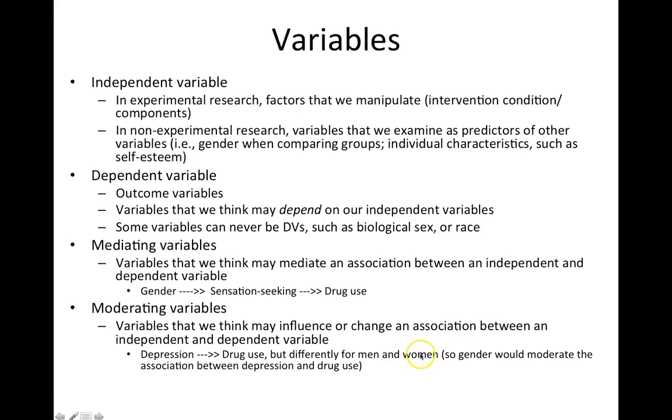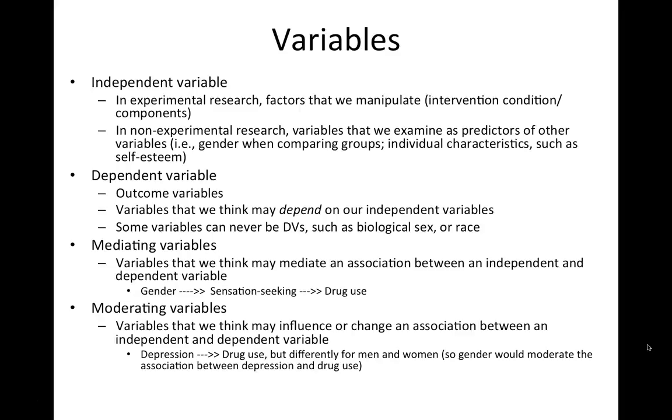Maybe for women, this association is stronger because women are using drugs more to cope with negative affect, whereas men may be using drugs for different kinds of reasons, or vice versa. Men may be using drugs more often to cope with depression or negative affect, whereas women may be using for other kinds of reasons. And so if we think that this basic association between depression and drug use would be different for men and women, we would say that gender would moderate the association between depression and drug use.